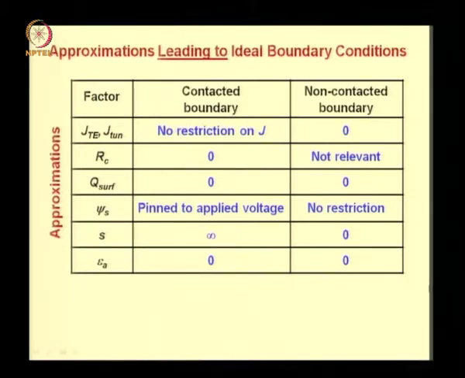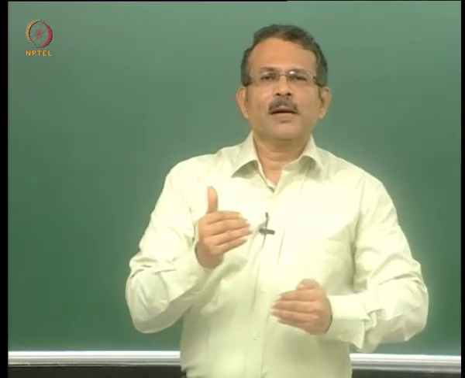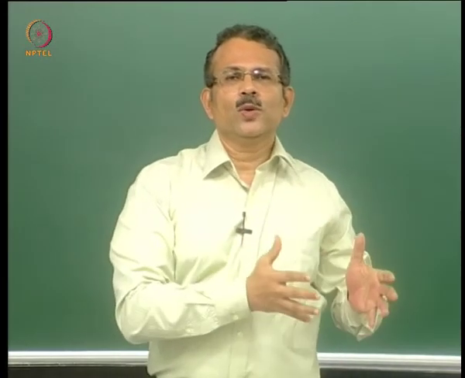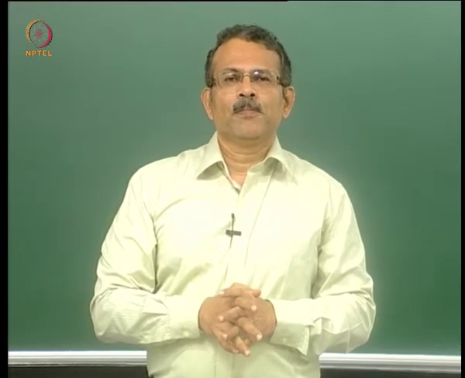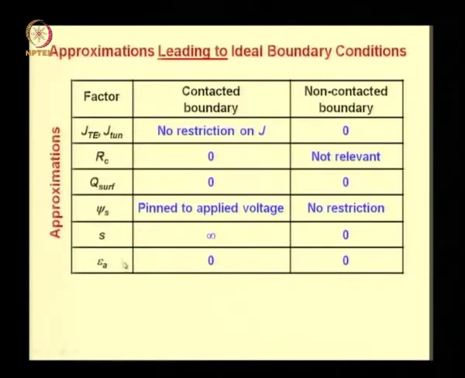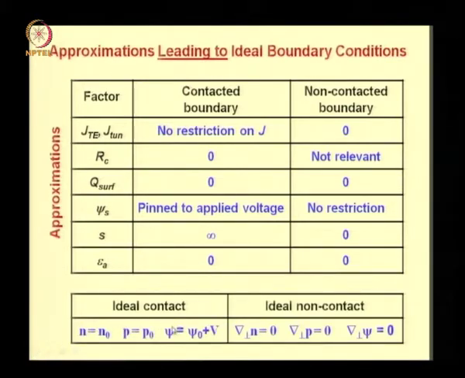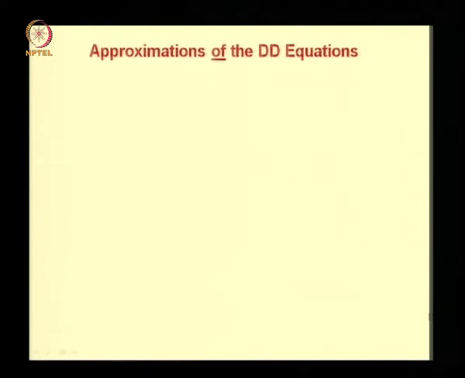Now if you want more realistic boundary conditions, you can refer to the module on drift diffusion transport, where the boundary conditions in the presence of all these factors are described for contacts and non-contacts. Now here we are talking about the ideal boundary conditions. So these approximations lead to these boundary conditions on ideal contact and ideal non-contacts.